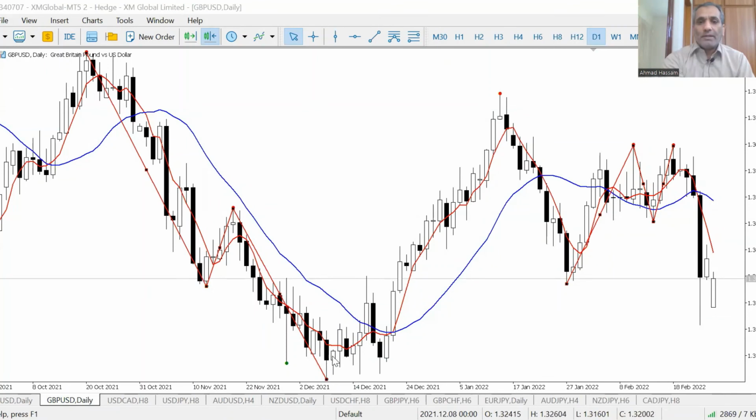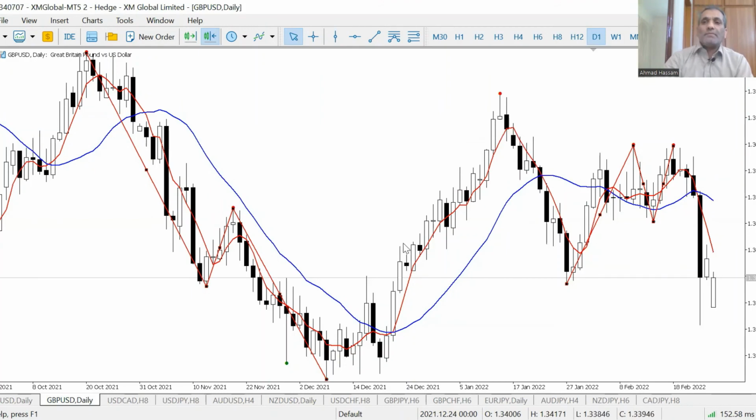It's important, and then we can see price made a huge reversal. It was a huge move, a 500 pip move.